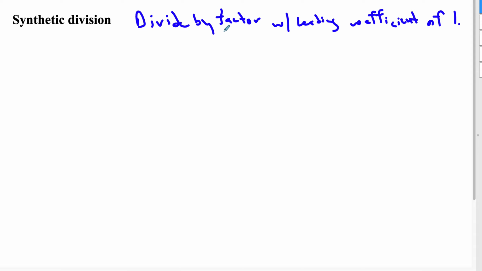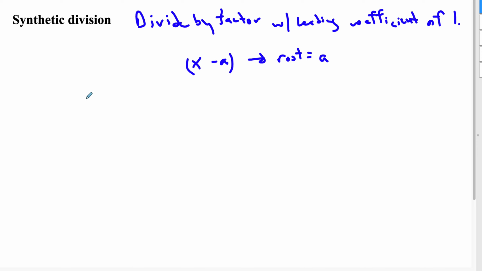I'm sorry, I should say divide by a factor. A factor is of the form x minus a, right? For instance, x minus 1, x plus 2, right? And it means that in this case, the root, or the 0, is equal to the a, right?